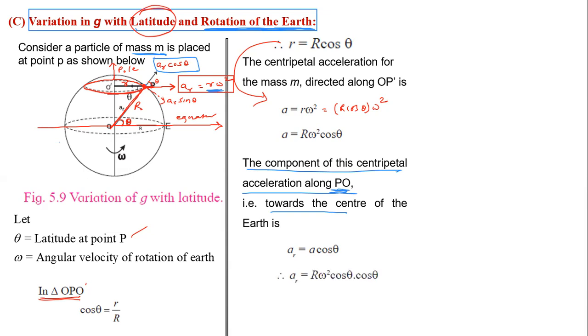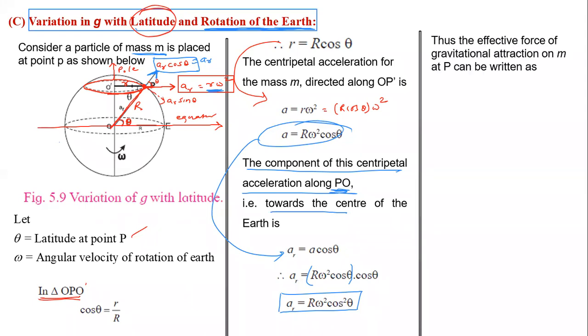Now we substitute this A in this formula. So we get R omega square cos theta multiplied by cos theta, which gives us R omega square cos square theta. This is the radial component of the centripetal acceleration, which we write as AR, and it is acting in this direction. Similarly, the acceleration due to gravity is acting towards the center.